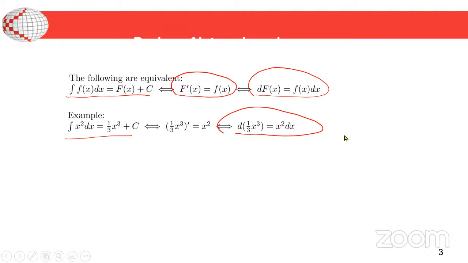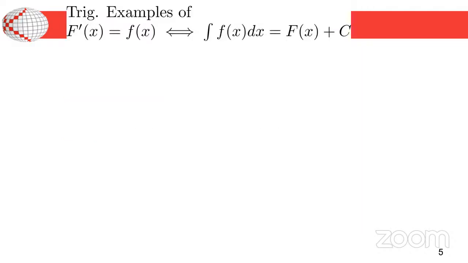Okay, so now we're going to look at the trig functions. Whenever we have a trig derivative formula, we can rewrite it into an integral formula. And we just reviewed two of them, right? So we're going to do exactly that for each of the six derivative formulas. Again, this is the one we're going to use. I just rewrite it in a slightly different order.